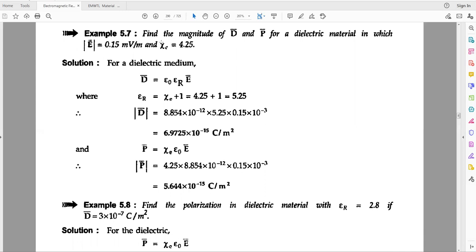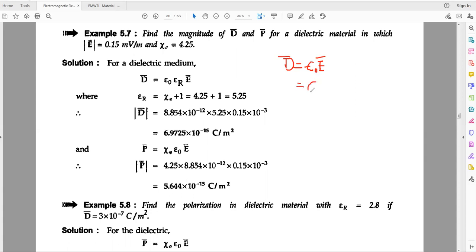4.25. It is not the relaxation time, my dear students. It is a susceptibility, we can call it dimensionless. For a dielectric medium, the relation between electric field and electric flux is D bar is equal to epsilon naught into E bar.